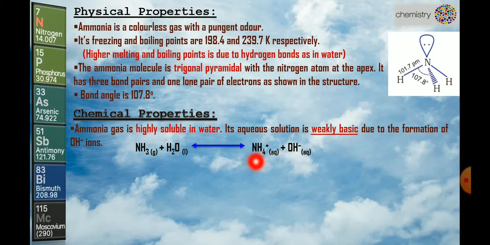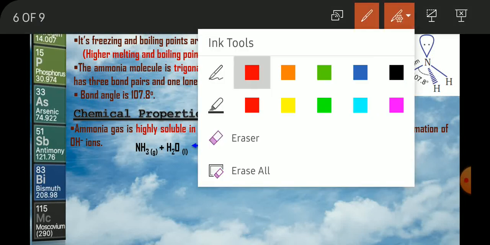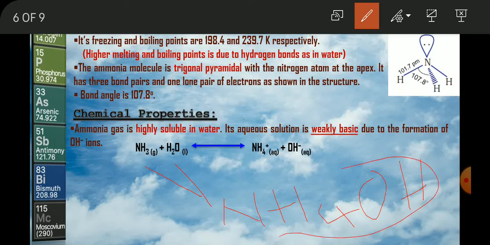This ammonium hydroxide is a weakly basic Arrhenius base. Why? I'll show you. When ammonia gas is dissolved in water, it produces NH4OH. This NH4OH is weakly basic. It is an aqueous solution of ammonia.